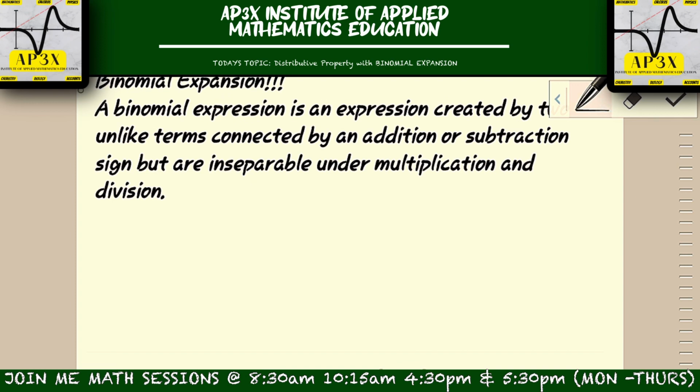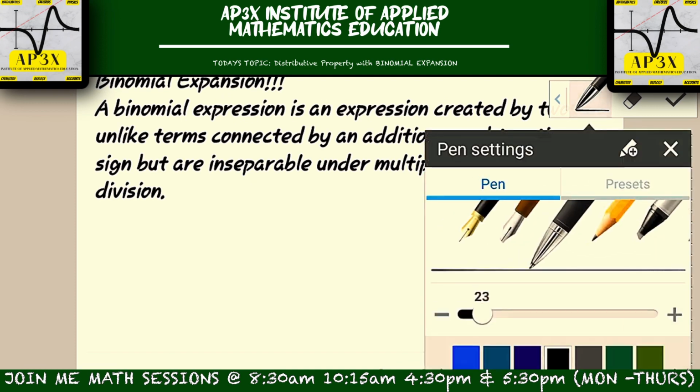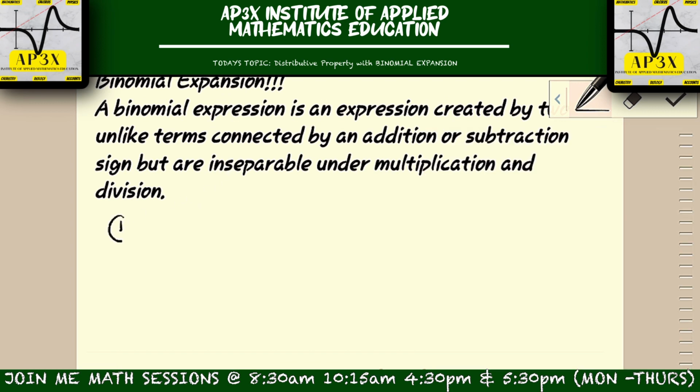In fact, the prefix bi means two and nomial refers to expression. So it has to be two unlike expressions bound together. An example would be x plus 4. x and 4 are unlike, numerical and algebraically written. 2a plus b: they're both variables, but different variables.